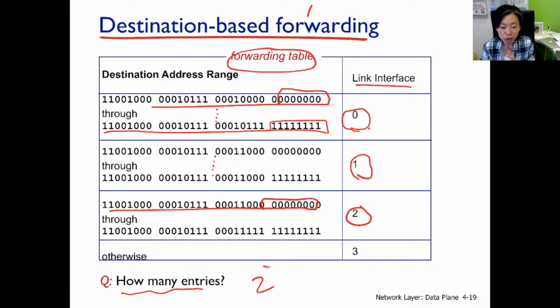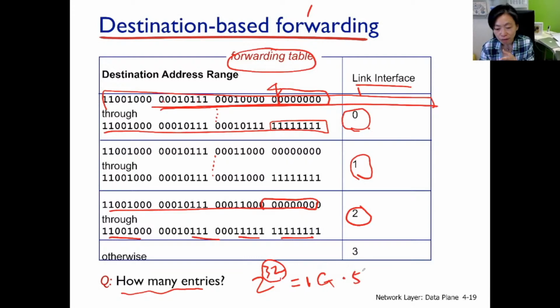Well, the IP address is this big. 8 bits, 8 bits, 8 bits, 8 bits together, 32 bits. So you could actually have 1 gig entries. And each entry might require 4 bytes, and maybe another byte here for the link interface. So each entry here at least needs to be 5 bytes.